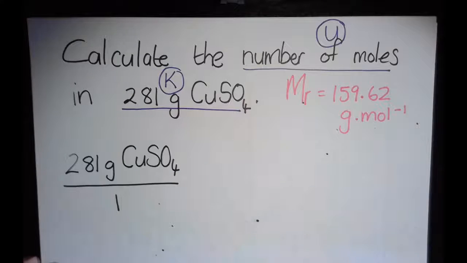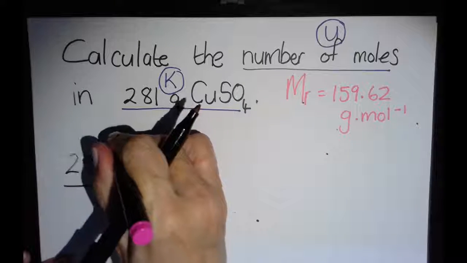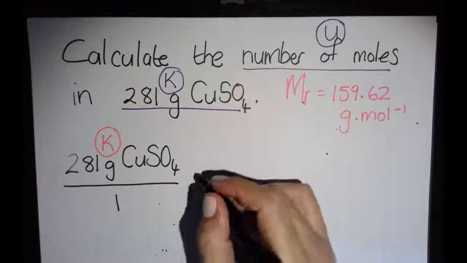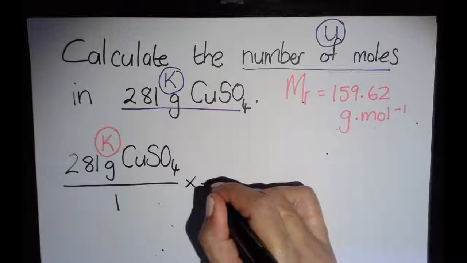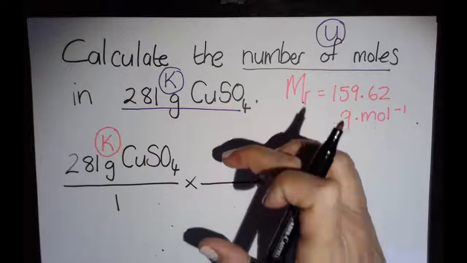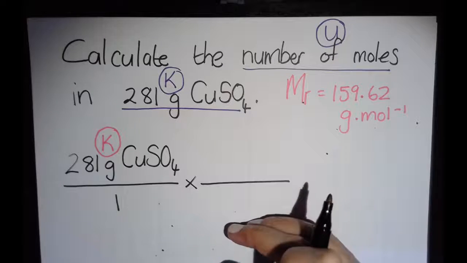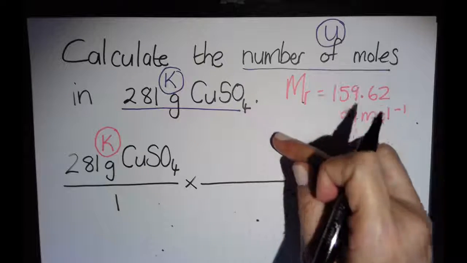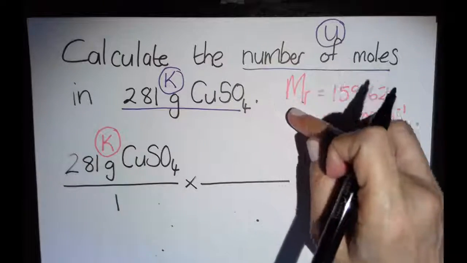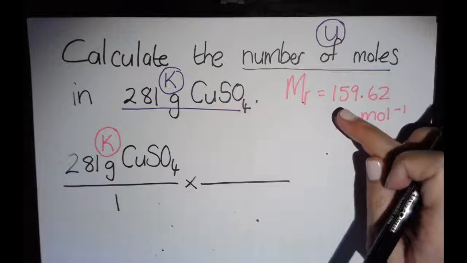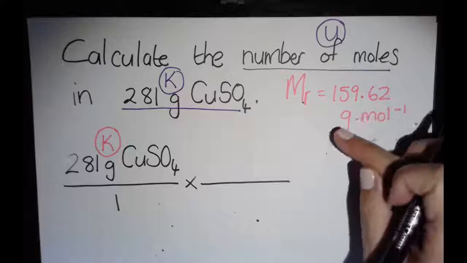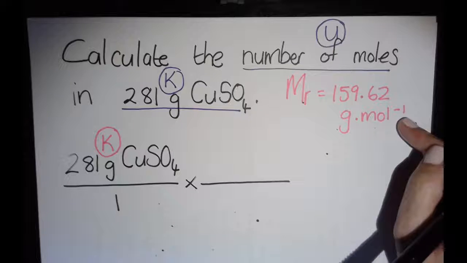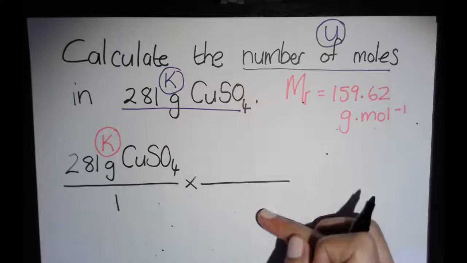So I take my known and write it at the top. Then I will multiply it, and when I multiply it, I need to work out what my dimensional fraction is going to be. That fraction is going to come from the molar mass here, because this tells me that there is 159.62 grams of copper sulfate in 1 mole, because it's per mole. So I'm going to write that as a fraction.